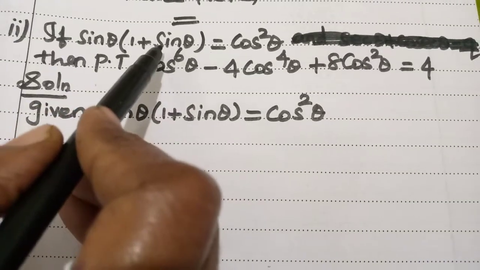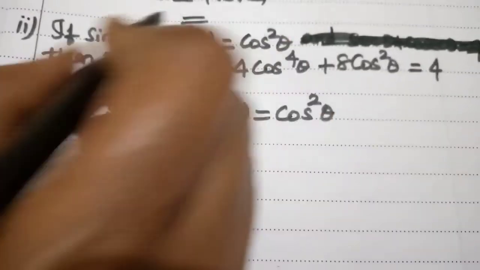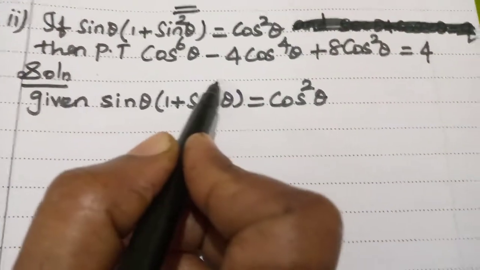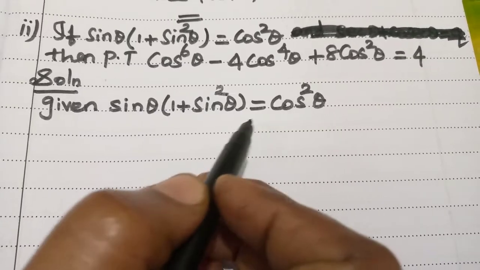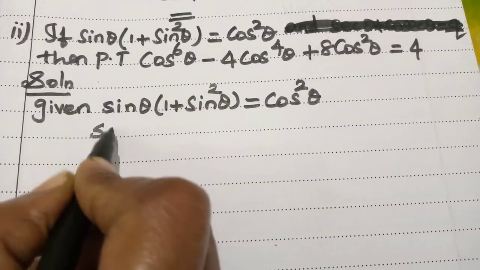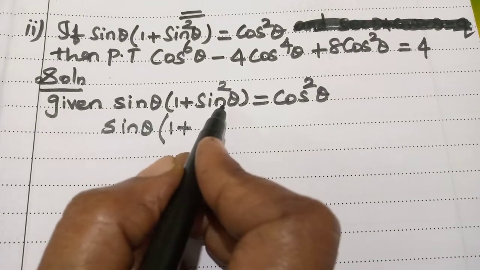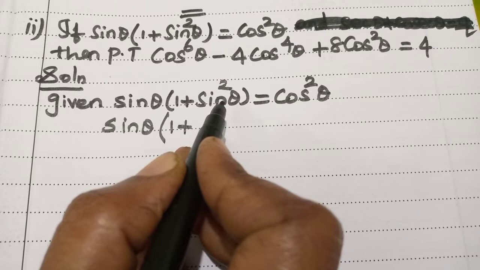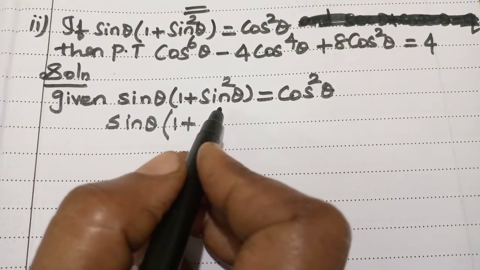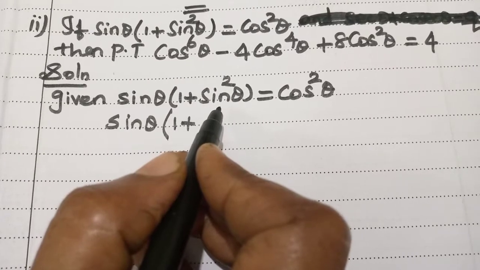Sorry, here it is 1 plus sin square theta; change the question. So sin theta into 1 plus sin square theta equals cos square theta. Now what is the sin square theta formula? We have sin square theta plus cos square theta equal to 1, isn't it?